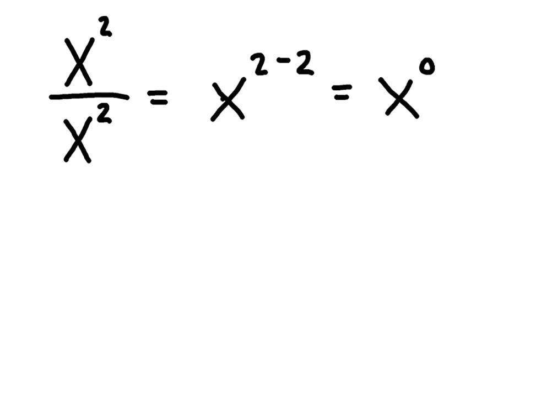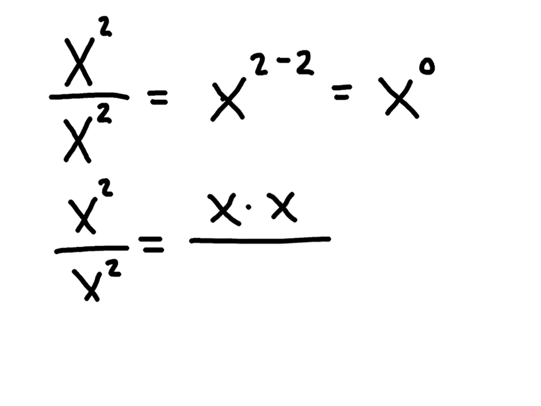Well, really quickly, if we were to have expanded x squared over x squared out, you would have had x times x over x times x, creating two giant 1s with nothing left in the numerator or denominator. So really, this is equal to 1. And anytime you have x to the 0 power, it's equal to 1. This is called the 0 power property. And I'll recap that at the end of this video.